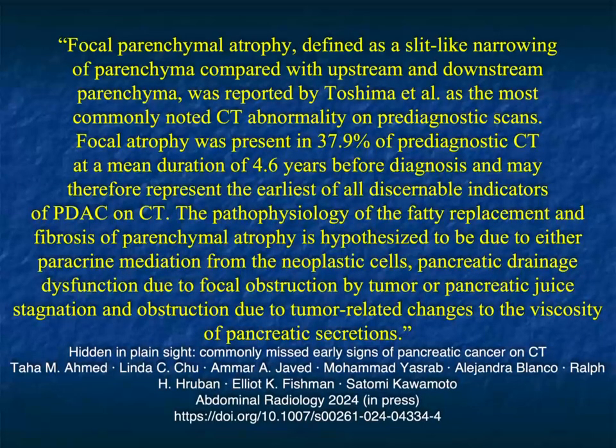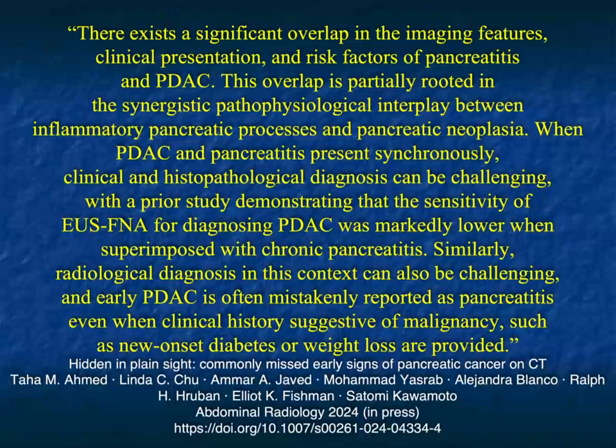So again, looking for focal atrophy, obviously with duct dilatation, it's so much easier, but that alone, you need to be worried. And they hypothesized why this might occur due to neoplastic cells, pancreatic drainage dysfunction. Whatever the reason is, atrophy, which can be due to things like chronic pancreatitis, can be due to prior trauma. We've been fooled there. But again, you need to work these patients up.